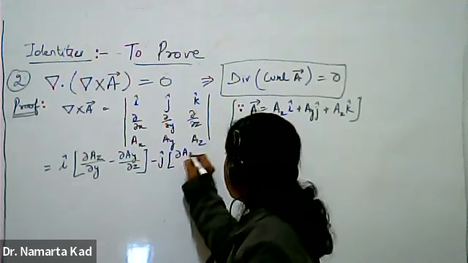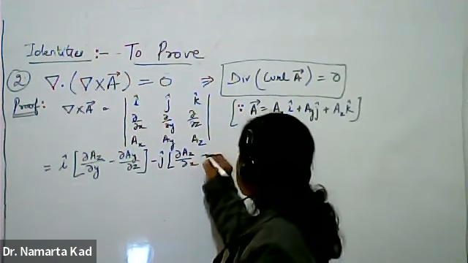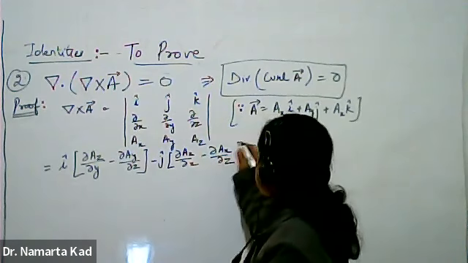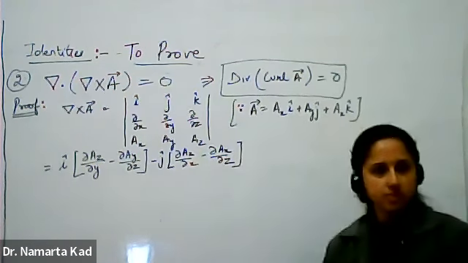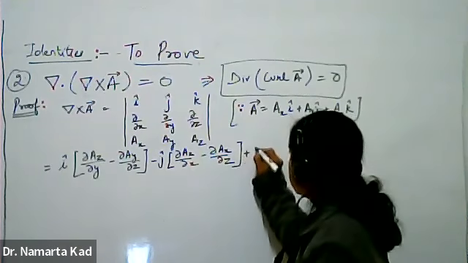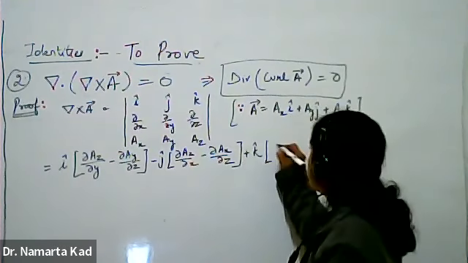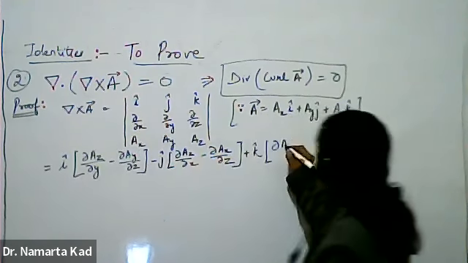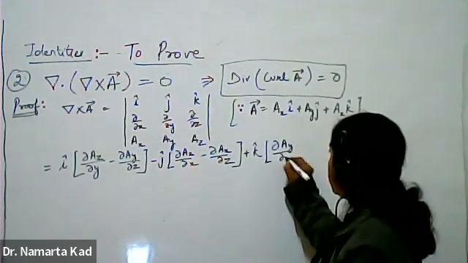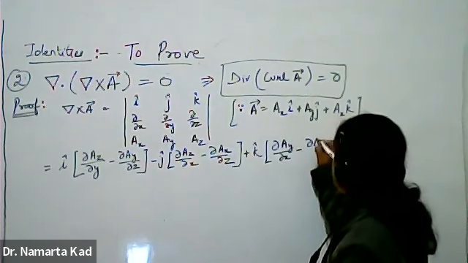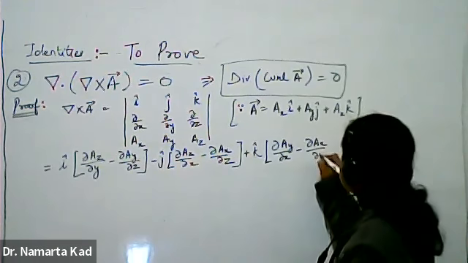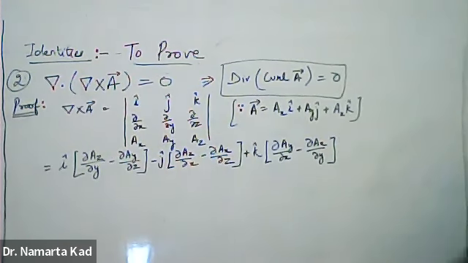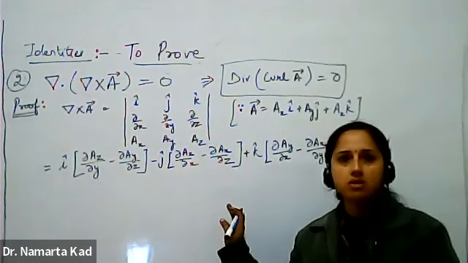Then minus j cap, curly az by curly x minus curly ax by curly z. Okay. And plus k cap, just cross multiply this, curly ay by curly x minus curly ax by curly y. Okay, this is a simple representation for the curl.